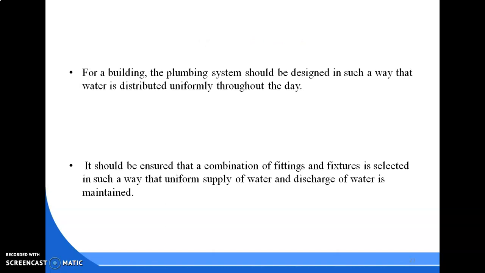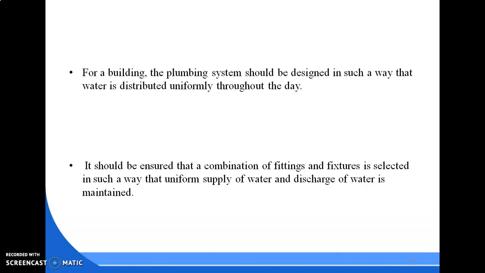For a building, the plumbing system should be designed in such a way that water is distributed uniformly throughout the day. So during the construction or during the laying of sewer pipe, drainage pipe or plumbing system of a building, we have to take care that the water is distributed uniformly throughout the day without any blockage or interruption.